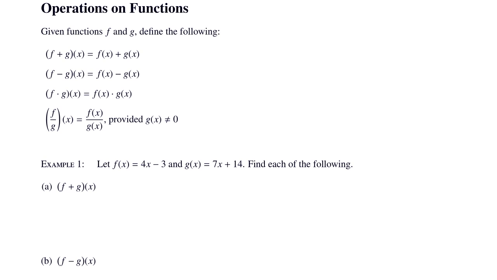And then the same thing goes for subtraction. F minus g is a new function that is computed by taking f of x minus g of x. Thirdly, we have f times g of x. You take f of x and you multiply it by g of x. Now this one is also written as fg of x without the dot.